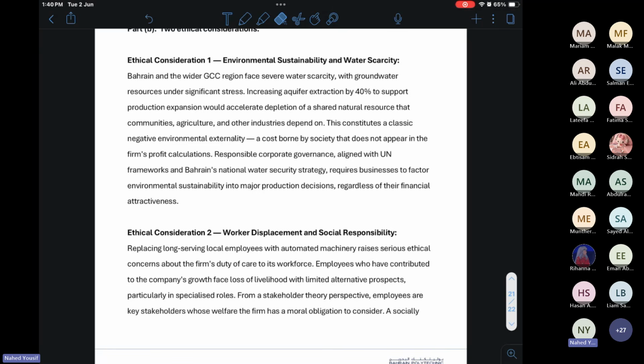Here they explain that employees are stakeholders, so we cannot harm our employees and just keep them at home with a machine instead of them, which is not right, because the company is built on its employees. They built the company, so we just cannot get rid of them.